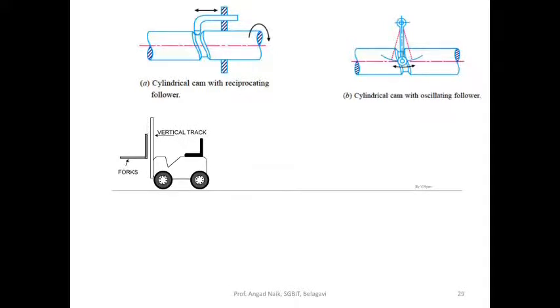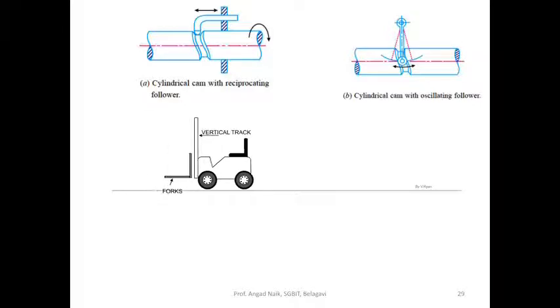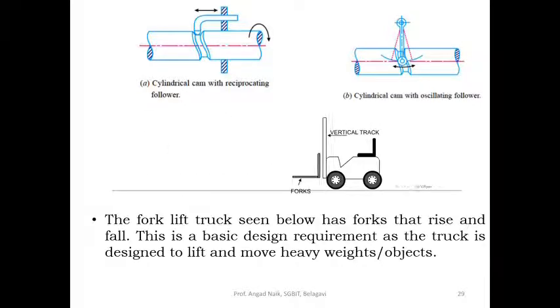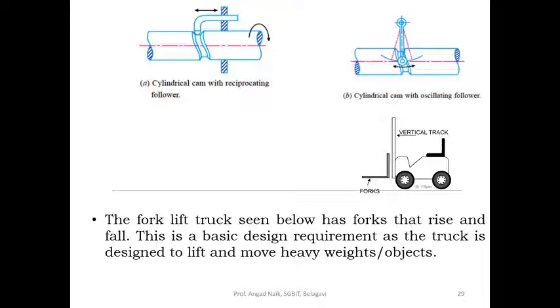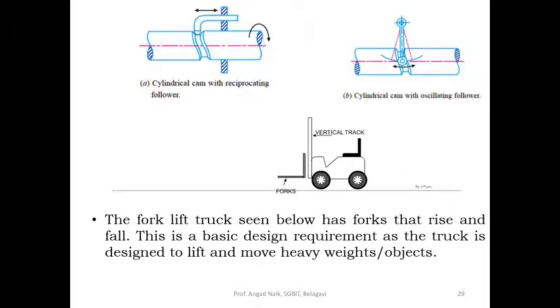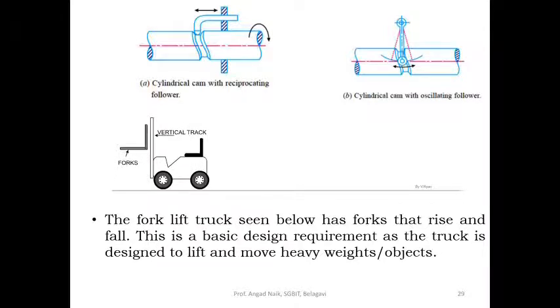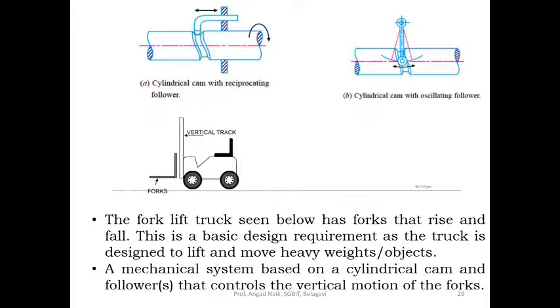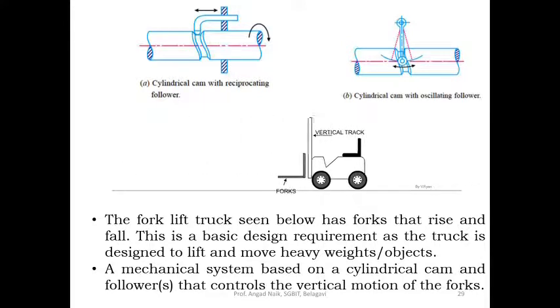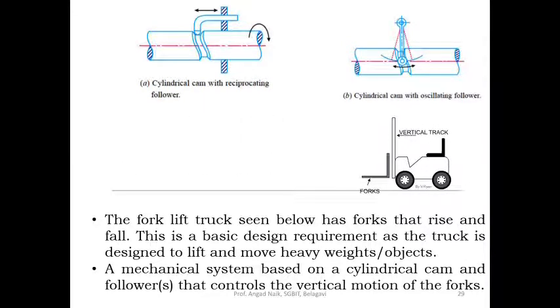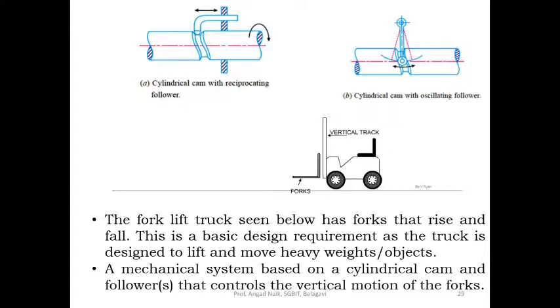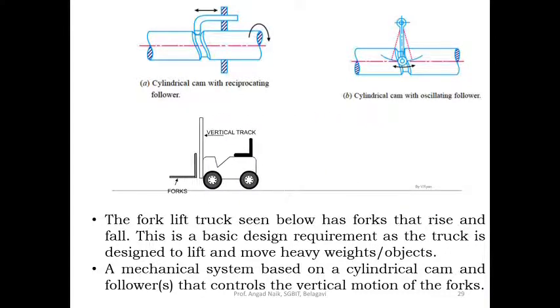The forklift truck seen below has forks that rise and fall. This is a basic design requirement as the truck is designed to lift and move heavy weights, objects. A mechanical system based on a cylindrical cam and follower controls the vertical motion of the forks.